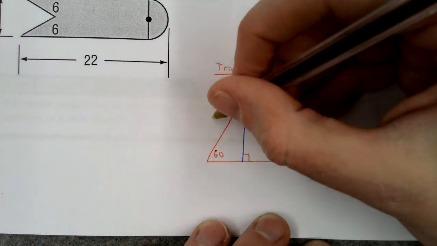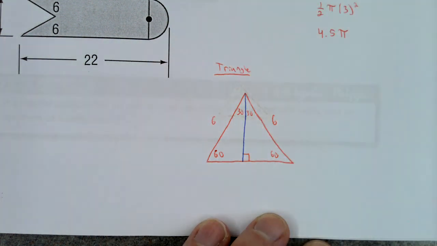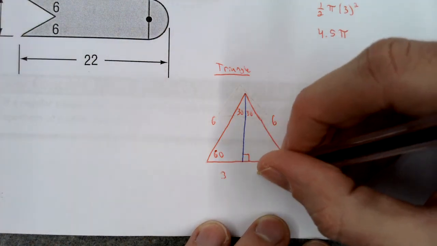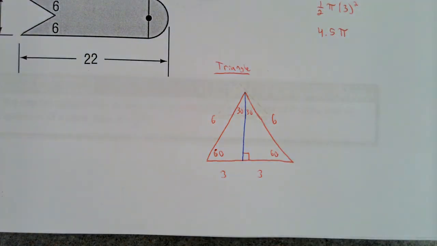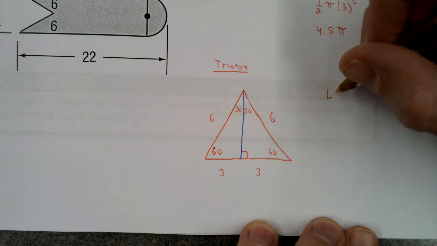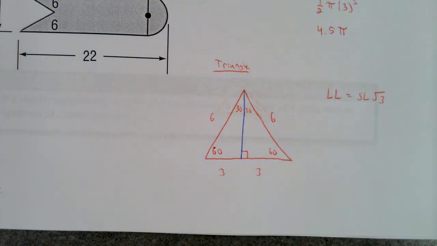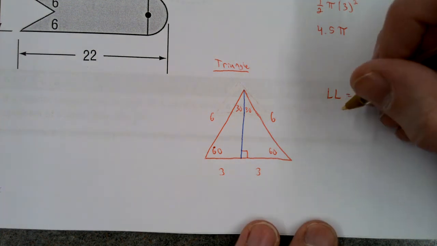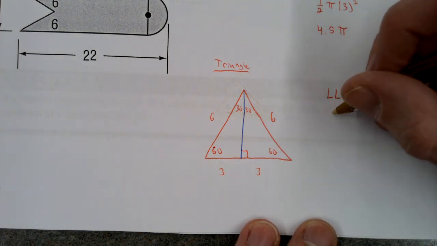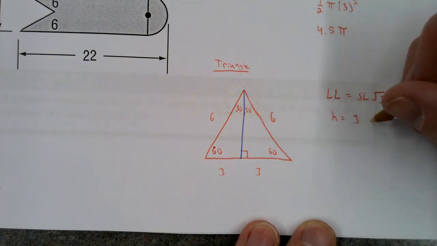We just established that each side is 6, and these are going to be 3 and 3. So the question is, what is the height of that triangle? What is the blue segment? That's the long leg. Long leg equals short leg times square root of 3. So 3 square root of 3.